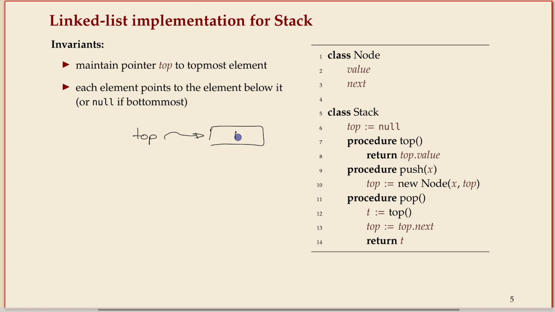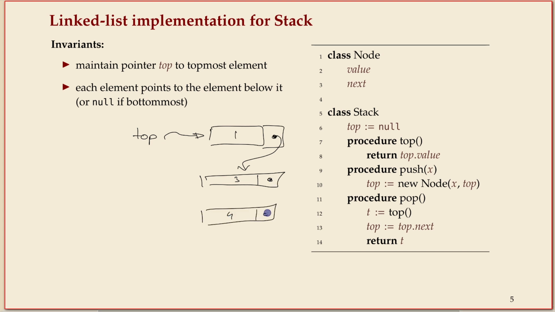And then this item has two fields, right? It has the value and it has a pointer to the next item. So it points down to the next thing. And then maybe another one. And at some point, we stop. So this is pointing to null. I'll just draw this like that. Then that signals the end of the stack.